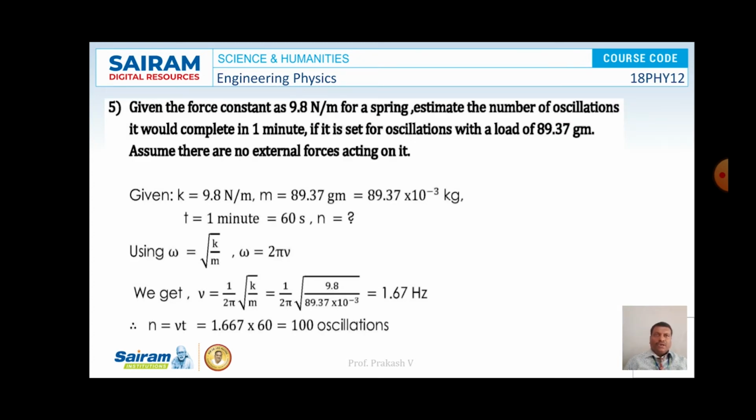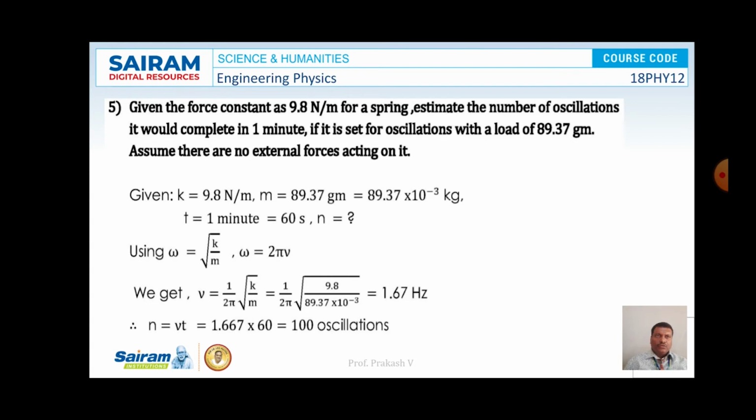Now the next problem: given the force constant as 9.8 Newton per meter for a spring, estimate the number of oscillations it would complete in 1 minute if it is set for oscillations with a load of 89.37 grams.